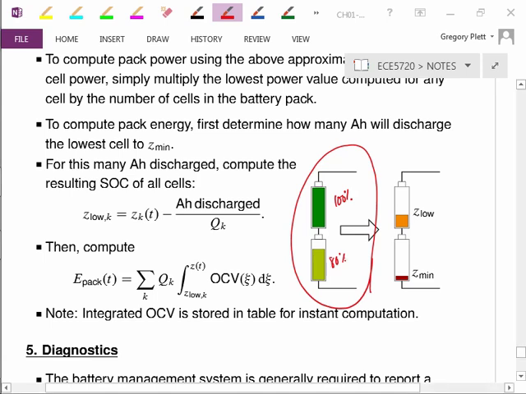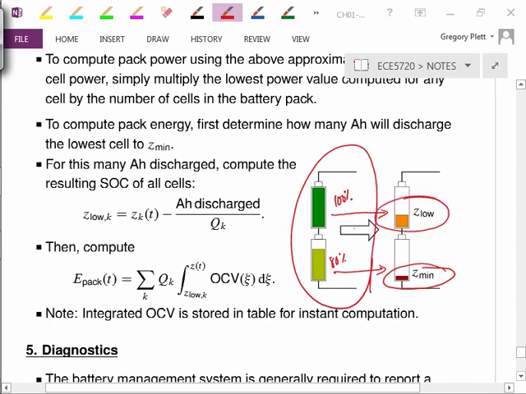So how many amp hours have to be removed to go from 100% down to, from probably 80%. This cell is probably going to hit the limit first. How many amp hours do I take out of each cell before I hit its limit? Then I take the minimum number of amp hours. The minimum number of amp hours would bring this one to z-min.